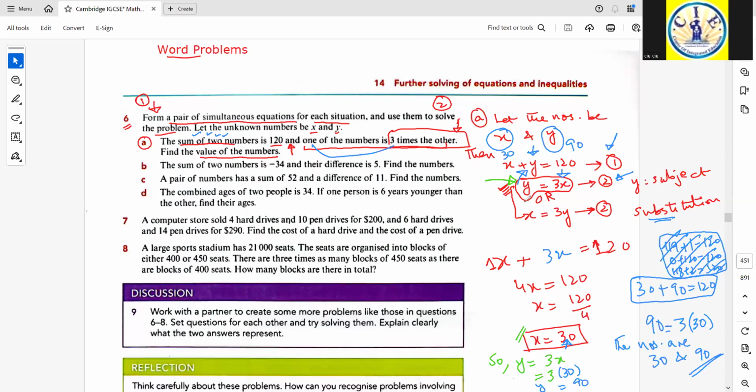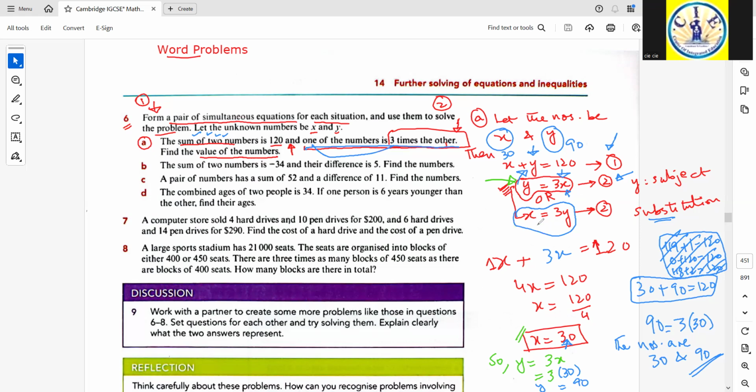As I was just telling you, we could have taken the second equation as x equals 3 times y. This is because one of the two numbers is 3 times the other, and there is no differentiation as to which of the two numbers has to be 3 times the other. So we can have y as 3 times x, or we can have x as 3 times y.